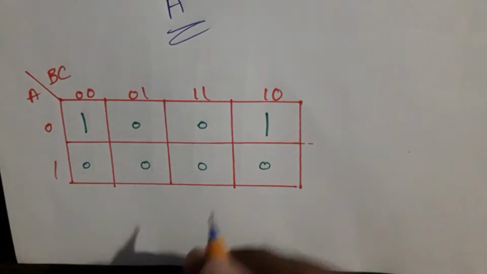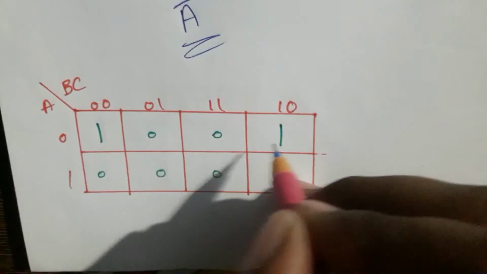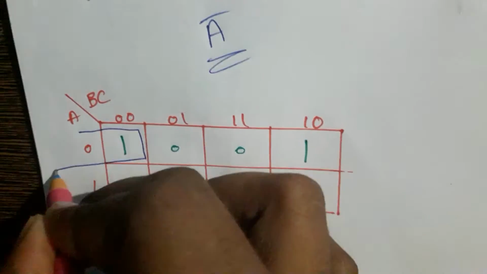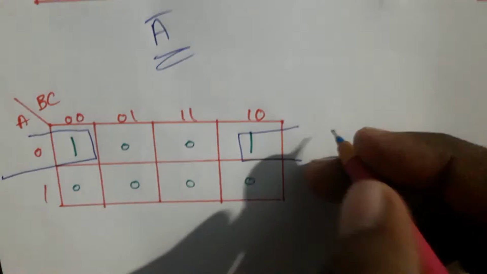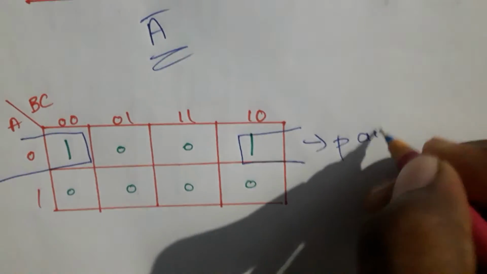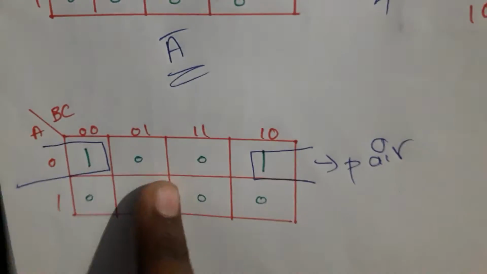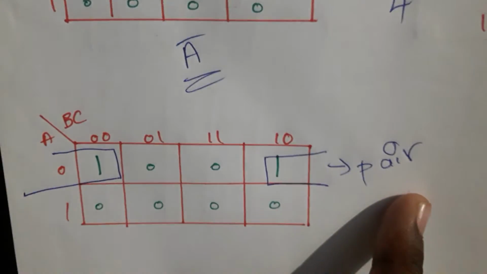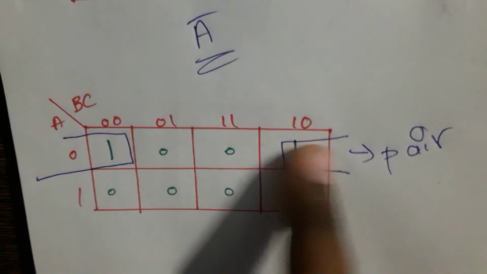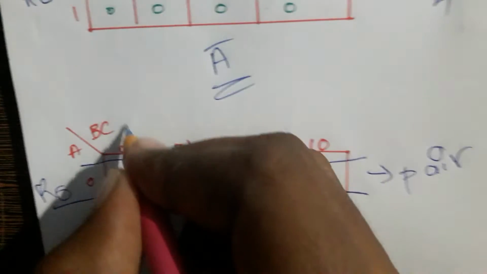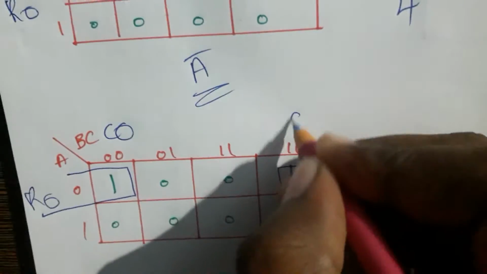Here is example 3. Here we are having ones in the corners. Corners can also make groups. So this and this will give us a pair. Corner ones make a pair, they won't form single groups. This group covers the R0 row, and it covers columns C0 and C3.